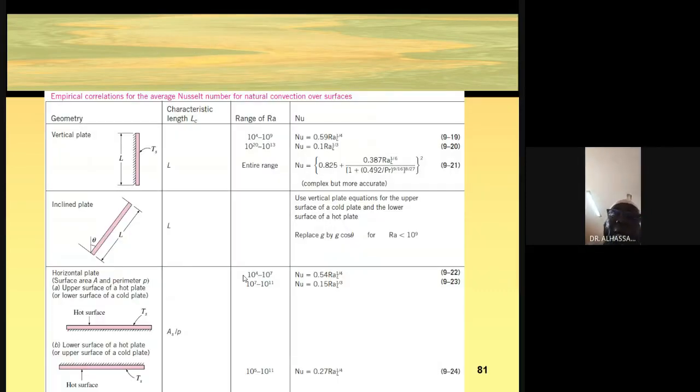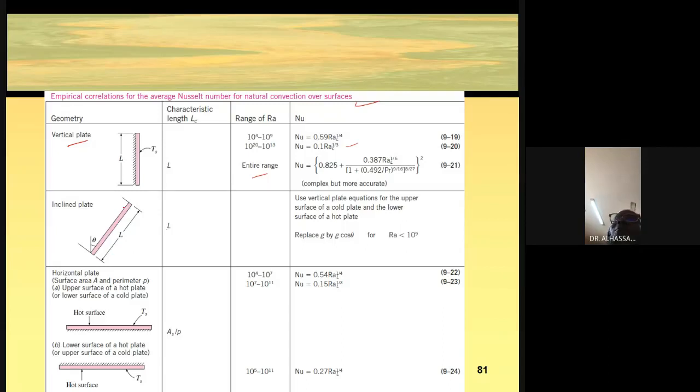So basically, these are different geometries that are available depending on the flow situation. Okay, so these are empirical correlations with relation to average Nusselt number for natural convection. Okay, so for a vertical flat plate, for the entire range of Rayleigh number, we can use this Nusselt number depending on this range of Rayleigh number.